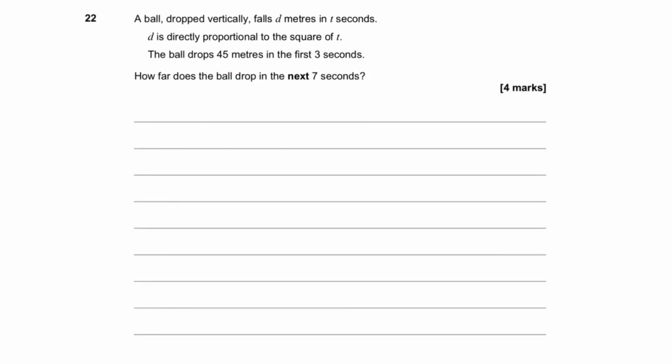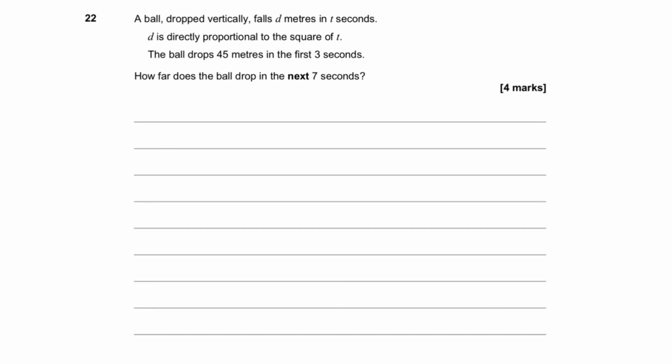For example, a ball dropped vertically falls d metres in t seconds. D is directly proportional to the square of t. The ball drops 45 metres in the first 3 seconds. How far does the ball drop in the next 7 seconds? So we've been told that d is directly proportional to the square of t.